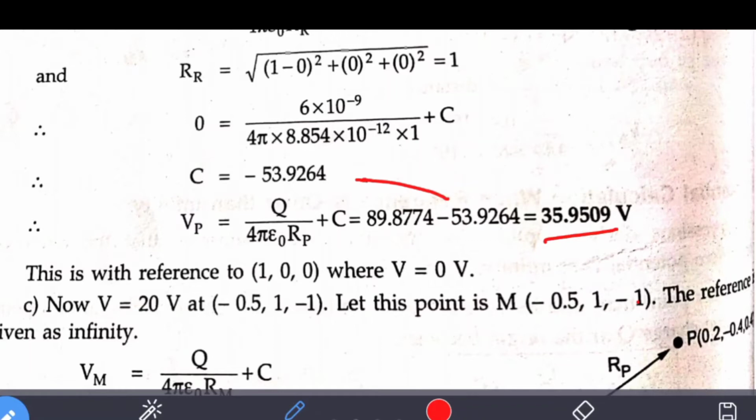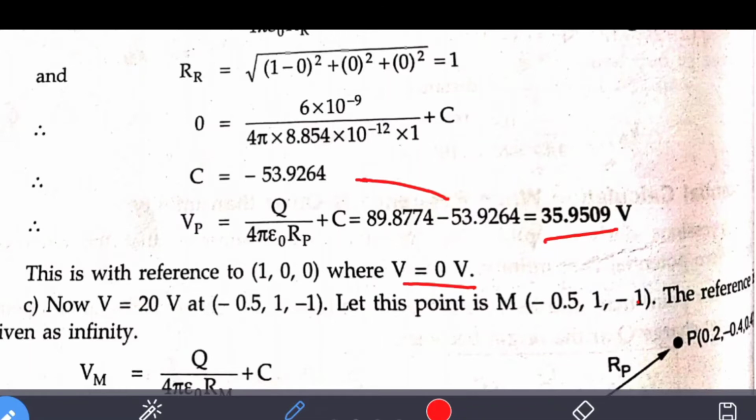This is with reference to the point 1, 0, 0 where V equals 0 volts. That is the potential at point P due to another point with reference to that.